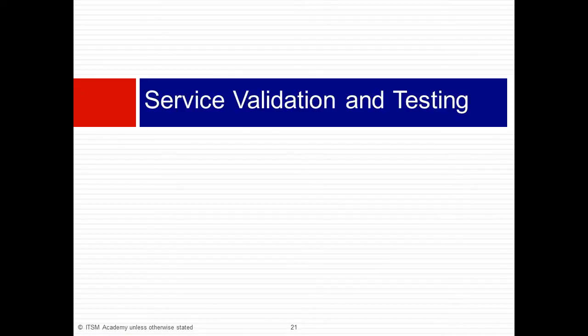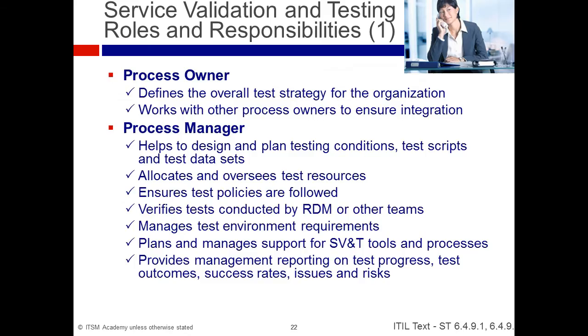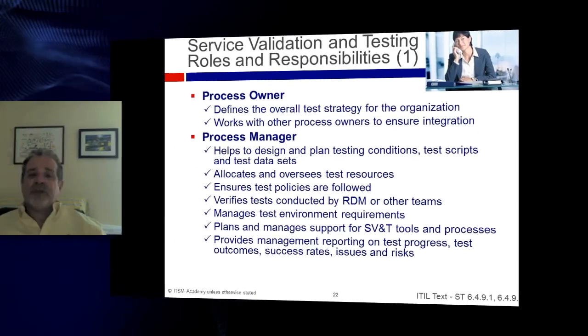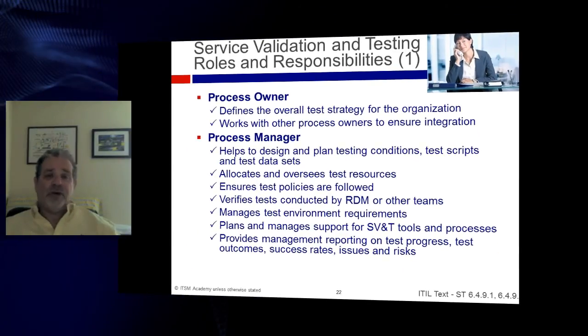Service validation and testing. We have a process owner, process manager. Process owner, again, defines the overall strategy for the organization on how we're going to do testing. They're going to work with other process owners to ensure that service validation and testing is integrated into those other processes. The process manager is going to help design and plan out testing, test scripts and test data.